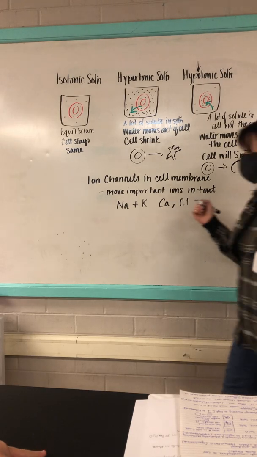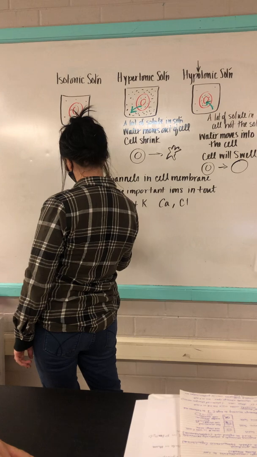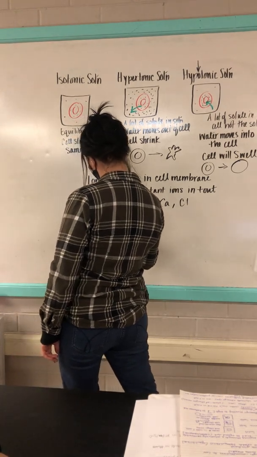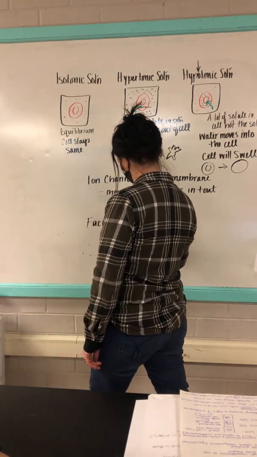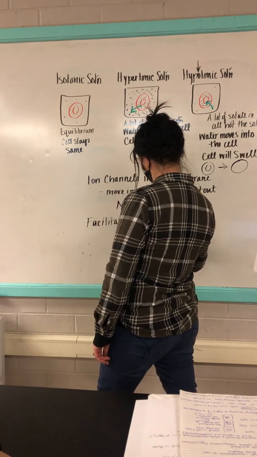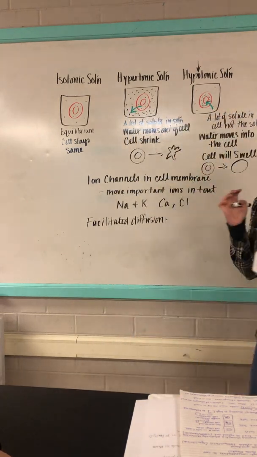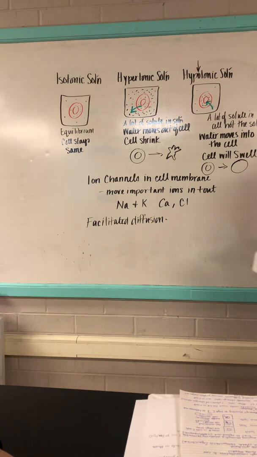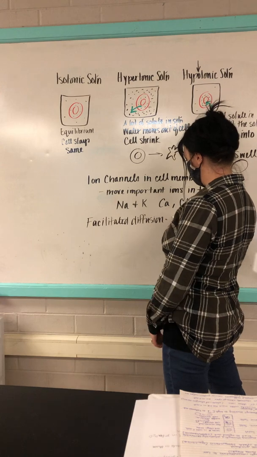All right, there is one last type of diffusion. It's called facilitated diffusion. What does facilitated mean? Like a facility, like a central place. If somebody is facilitating something, what are they doing? Yeah, they're helping. So facilitated diffusion is where you have a helper protein.